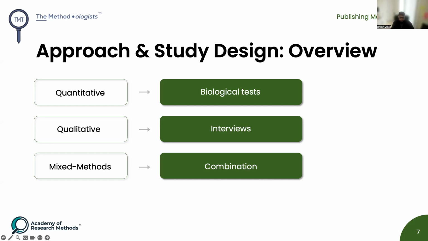There are numerous examples where a randomized controlled trial shows that a drug is effective, but when the drug is funded and provided to patients, they don't see the same outcomes in the real world, right? So it tells you whether it's effective or not, but it doesn't truly tell you why. And that's where qualitative comes in, right?